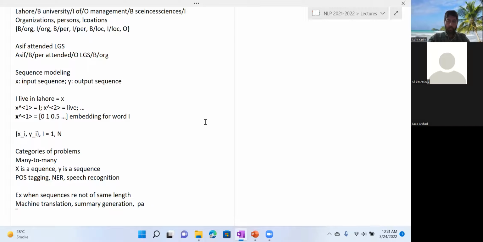You can also have paraphrase generation. So you have a sentence, which is X, and then you want to paraphrase that sentence, rewrite that sentence such that its meaning is conveyed, but maybe in different words, that would be Y. Again, the number of words in X and number of words in Y may be different. Okay?